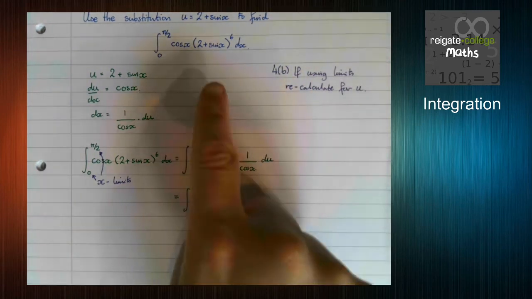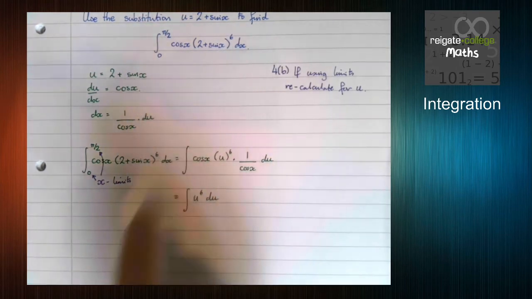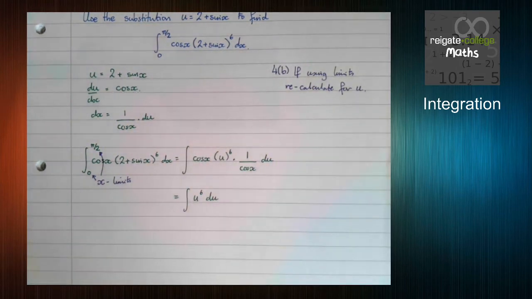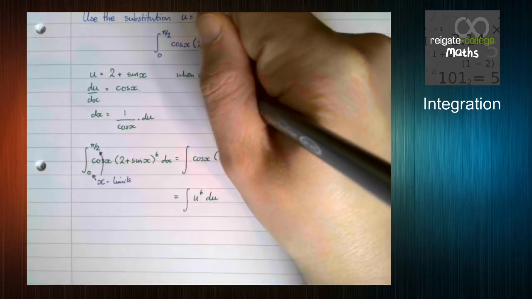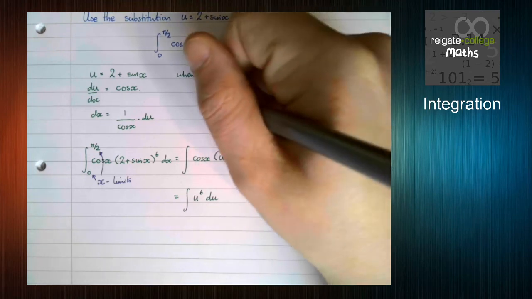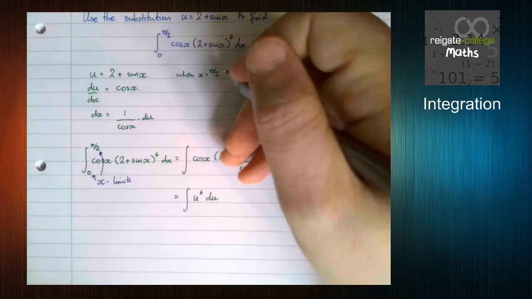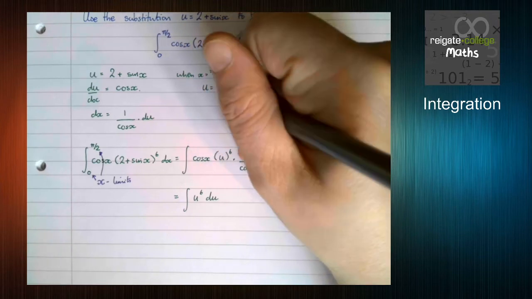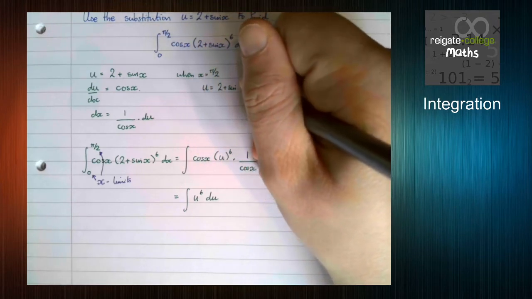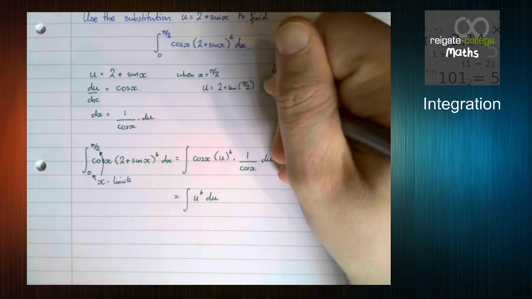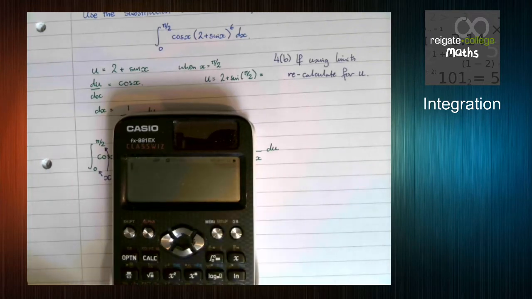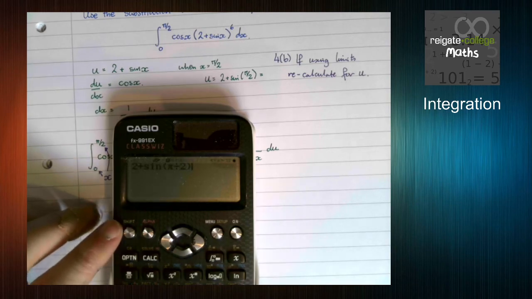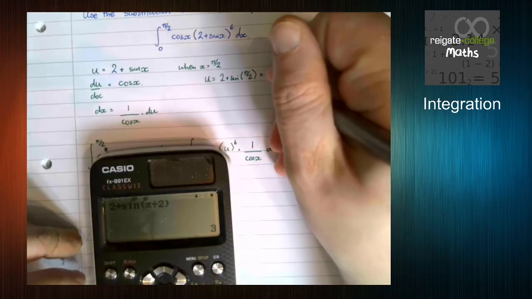And again, that's why I leave a space here. So I'm going to do them up here. So we know that when x equals pi over 2, I haven't given myself enough space, but there we go. We know u is 2 plus sine pi over 2, which is, you can't do it in your head, use your calculator. 2 plus sine pi over 2, which is 3.